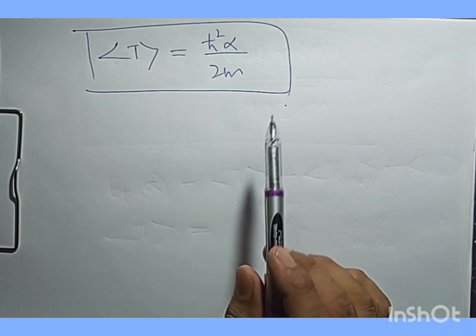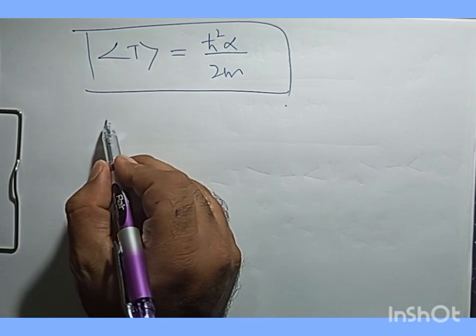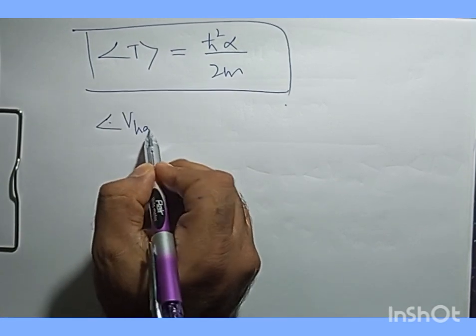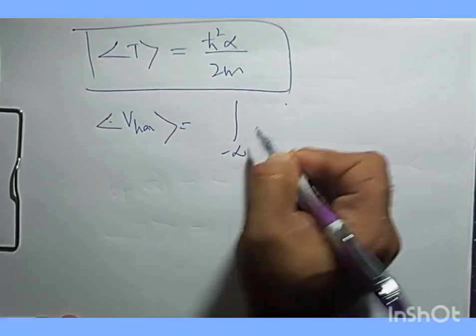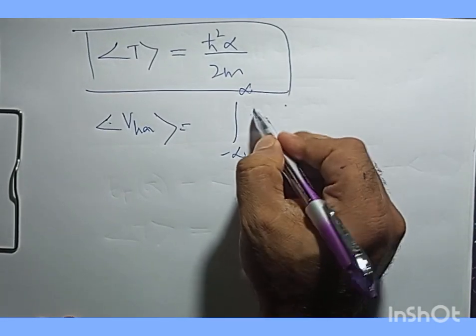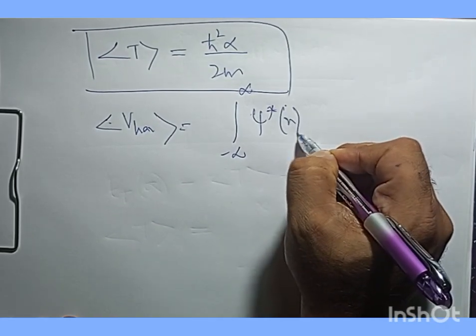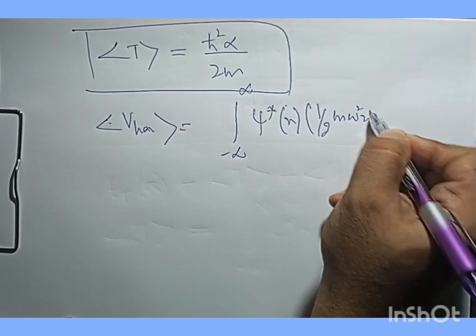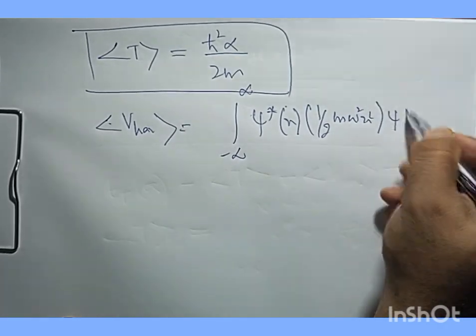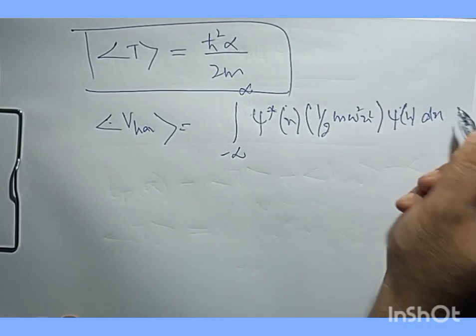Now we have the next term, that is V harmonic, and it has to be evaluated in the same fashion: minus infinity to infinity psi star of x, then 1/2 of m omega square x square, and we have done it in the previous case, psi of x dx.